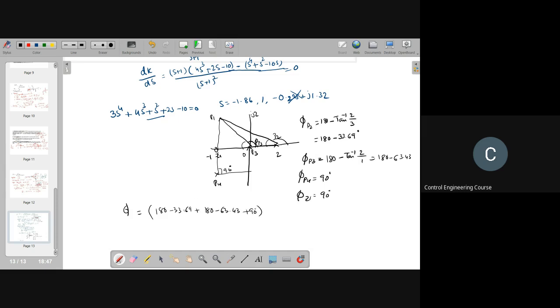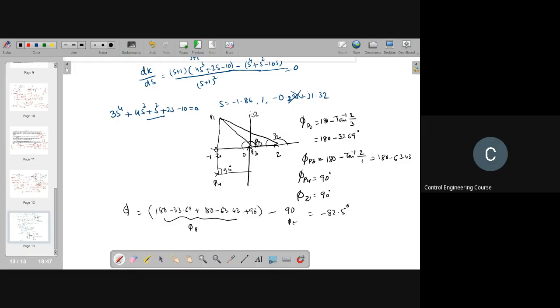This is the sum of the contribution of all the remaining poles to P1. Then 90 degrees, this is the contribution by the zero. So this is around minus 82.5 degrees.